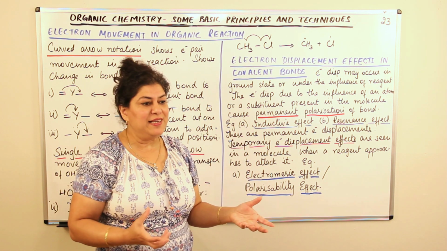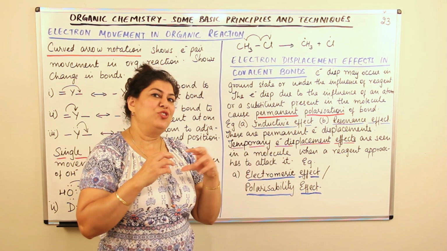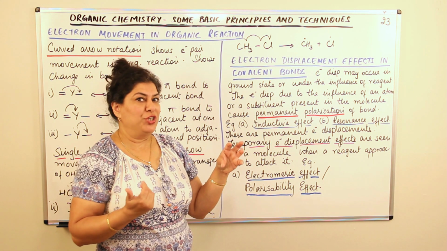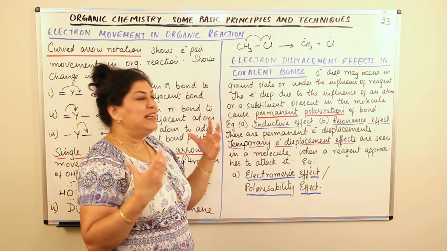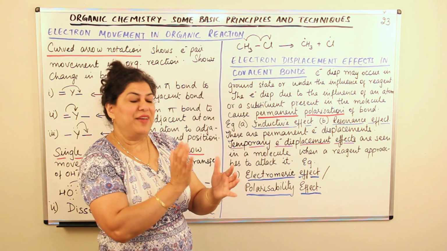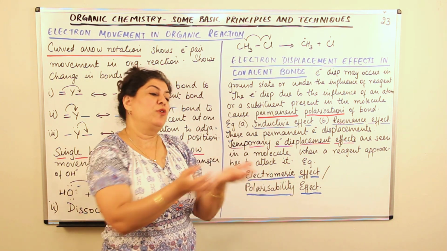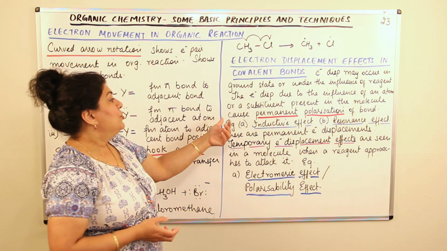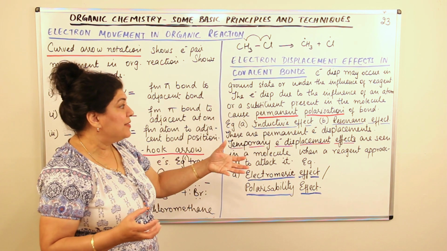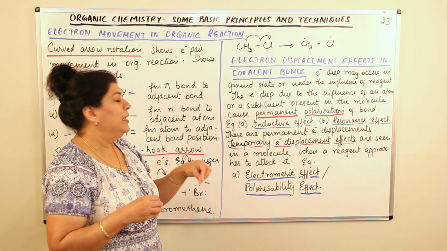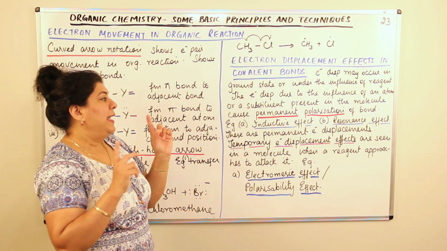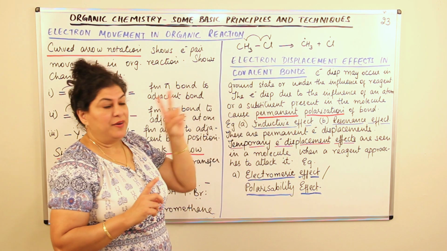So it is definitely going to attract electrons towards itself, thereby making the adjacent atom partially positive. So it is definitely going to have a polarizing effect, and this effect will be permanent because that oxygen is always going to stay in the molecule. So if the substituent or the atom is present in the molecule, it will cause a permanent polarization of the bond.